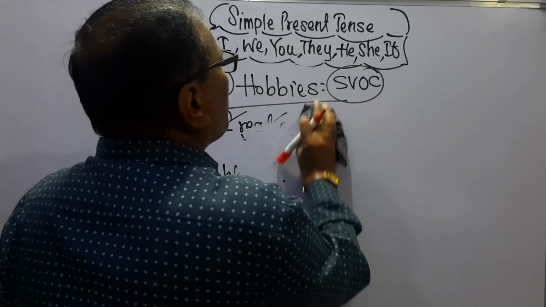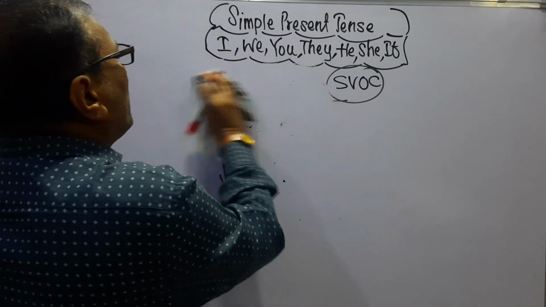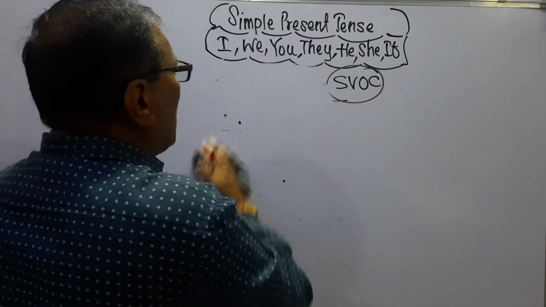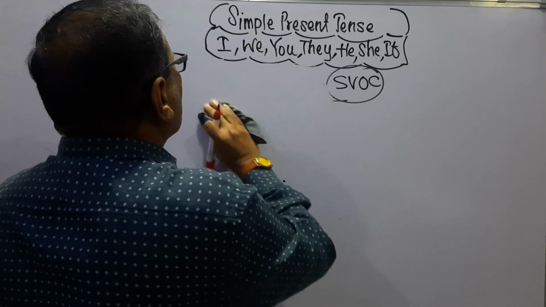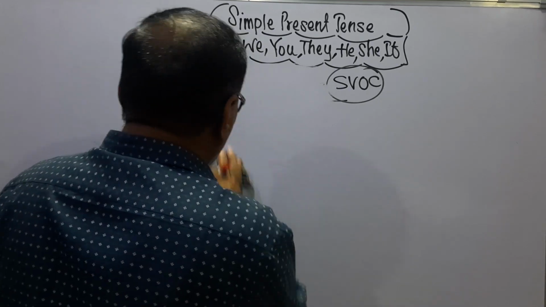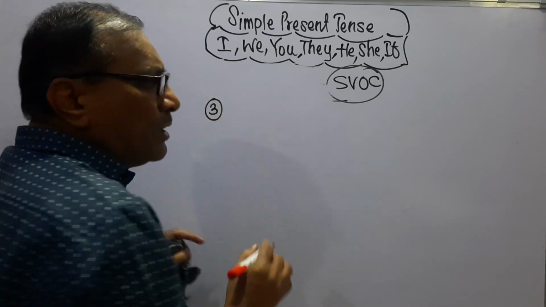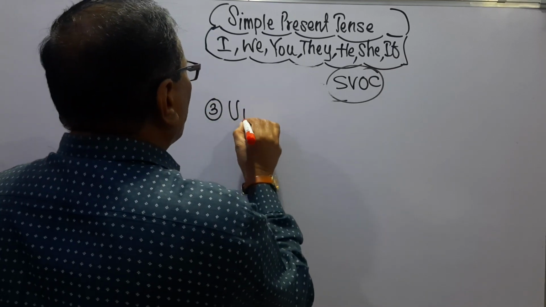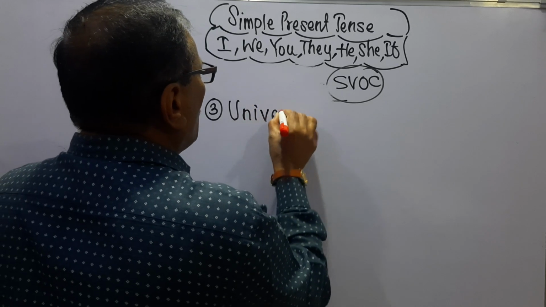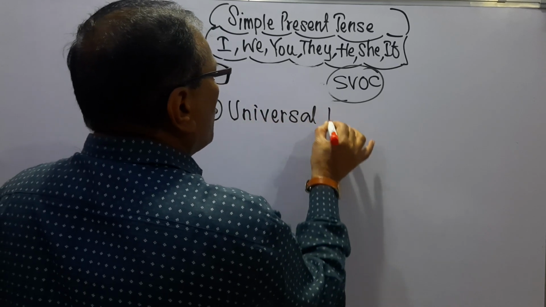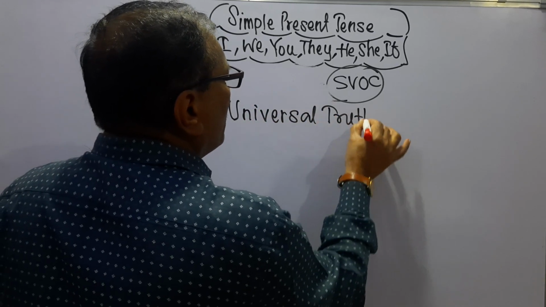So remember here, we are discussing the simple present tense in English. Now the third use is the universal truth. What is universal truth?